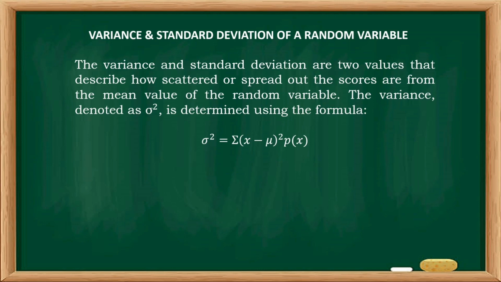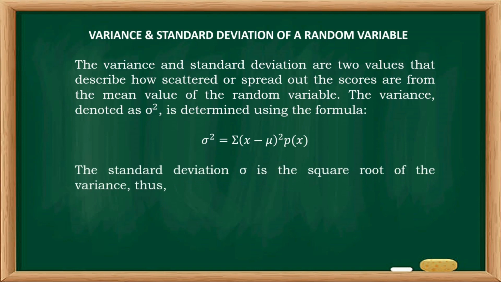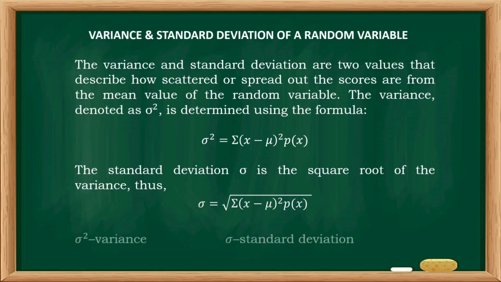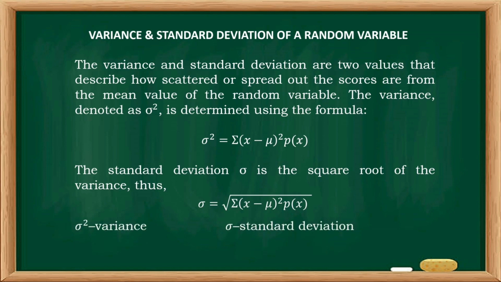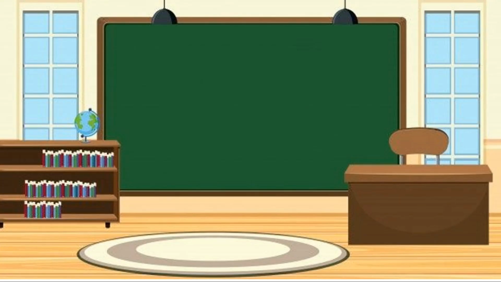The standard deviation is the square root of the variance. Thus, standard deviation is equal to the square root of the summation of the quantity x minus the mean, squared, multiplied by P of x. Sigma squared represents the variance, while sigma represents the standard deviation. Mu represents the mean, and P of x represents the probability of the outcome.